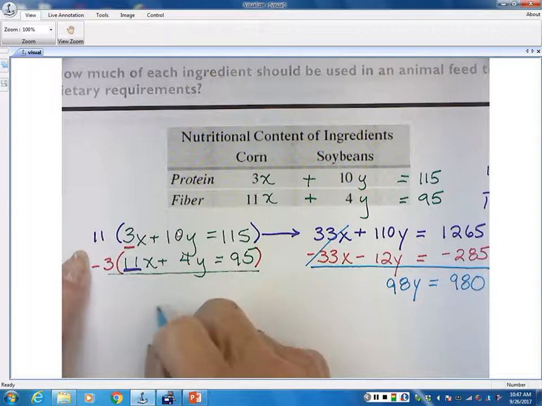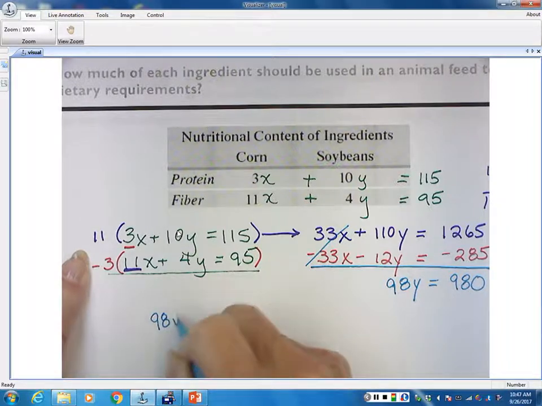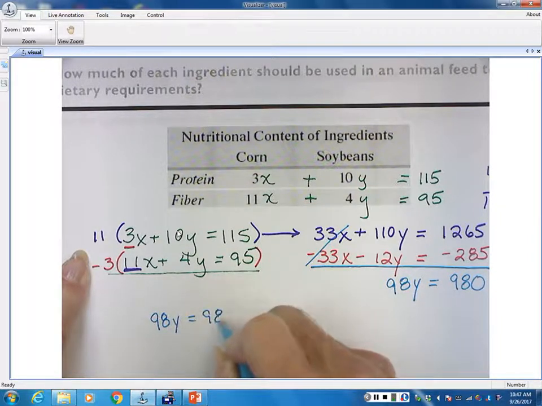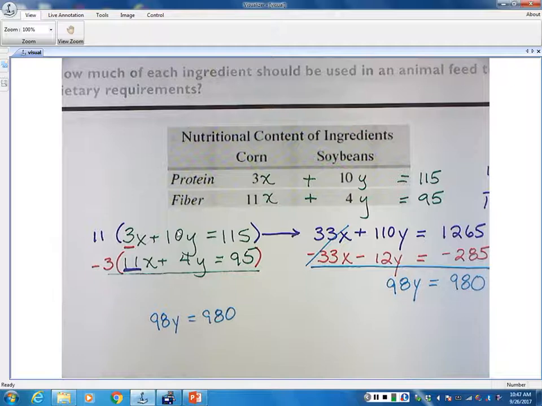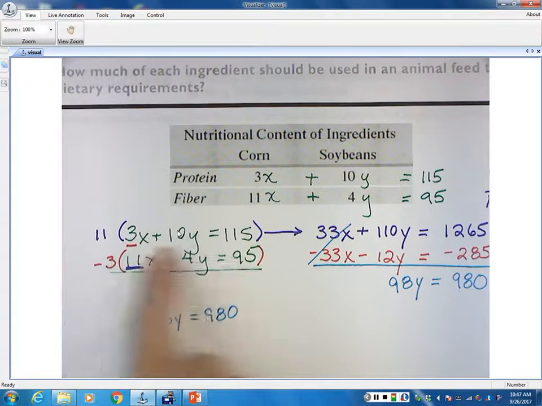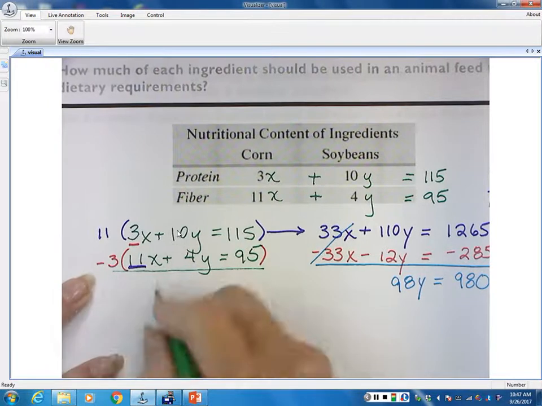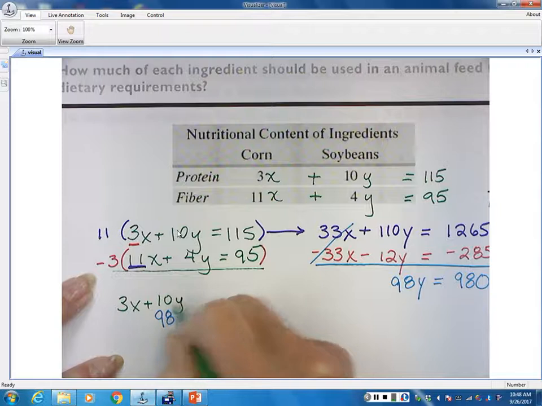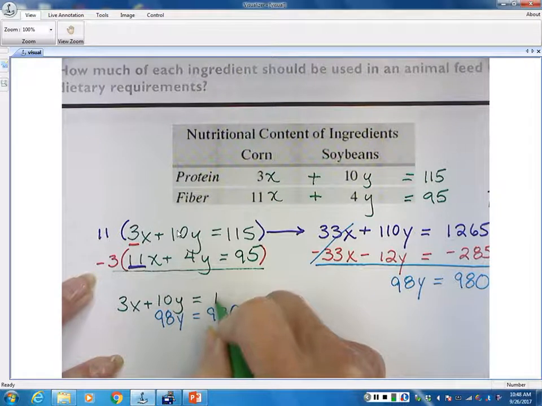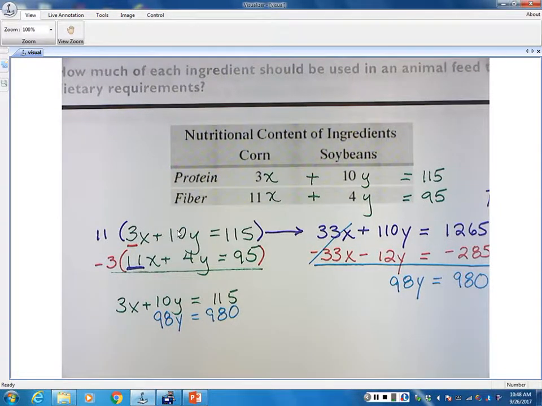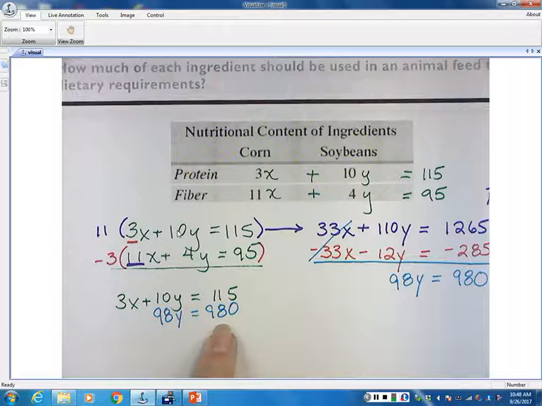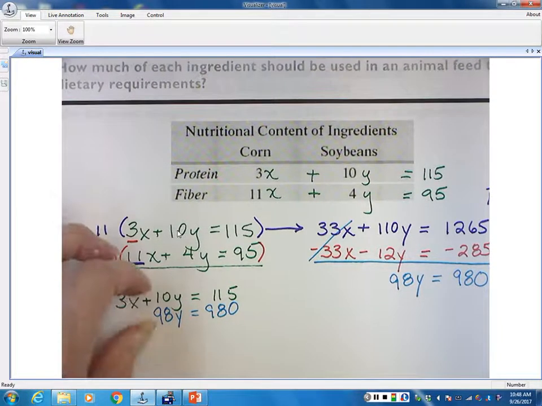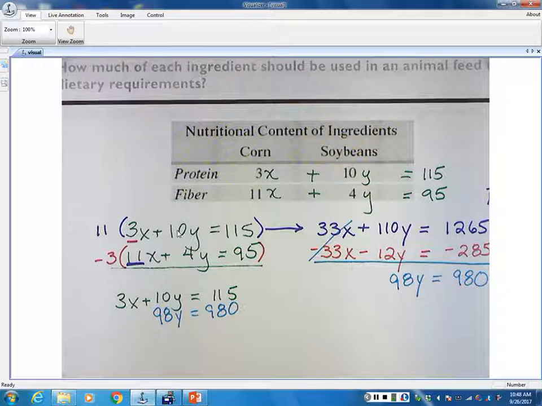So we're going to take that 98y equals 980, and we're going to add it to, not the transformed equation, but the original equation, 3x plus 10y equals 115. So this system has the same solution as this system. That's the only thing you need to keep in mind, that these two systems have the same solution. So there's our new system.